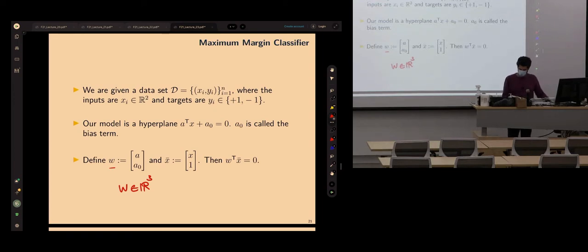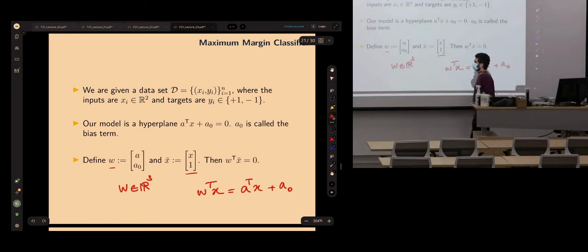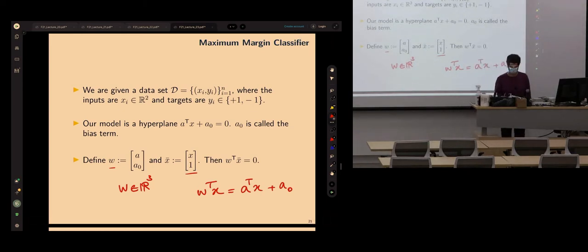And now, to keep it consistent with the dot product that I have, I'm going to append all my inputs with 1. And when I do that, then W transpose X bar is basically A transpose X plus A naught. This is really just a change of notation. It does not change anything about our data. But it's convenient because now I can talk about W transpose X bar being 0.